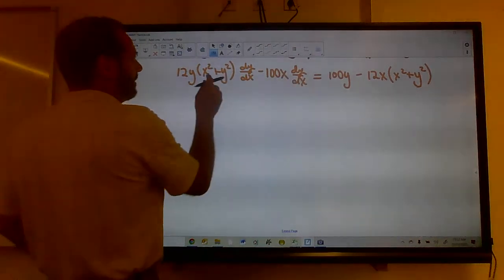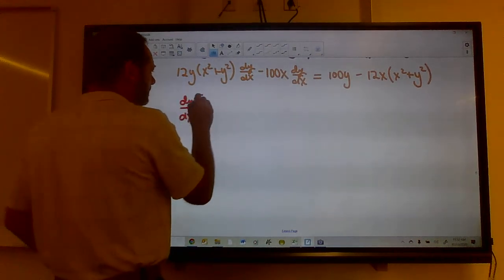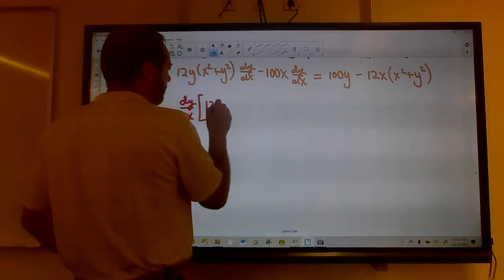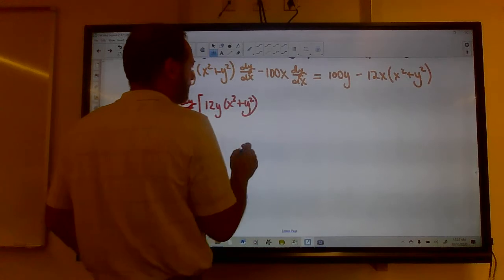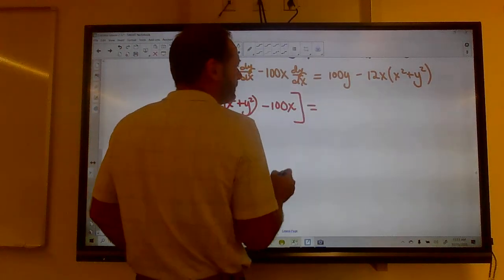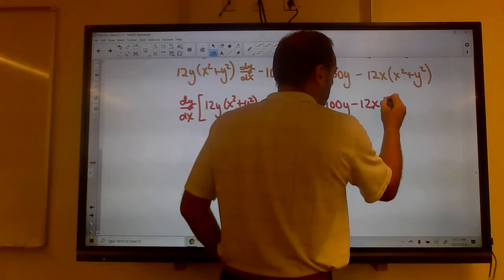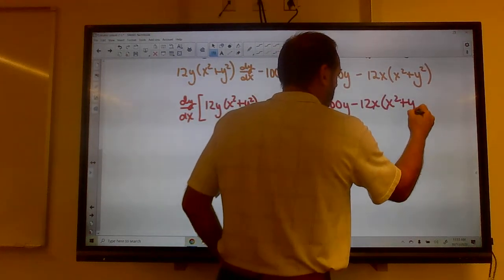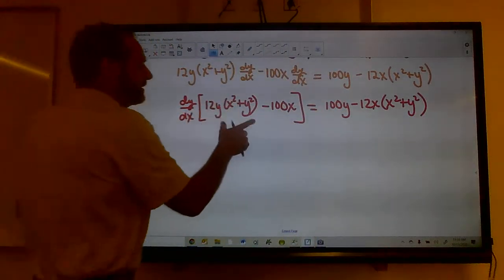Okay, I can factor out my dy/dx because everything over here has a dy/dx. So I've got 12y(x squared plus y squared) minus 100x. And I just bring this stuff down over here, and now I'm just going to divide by this.